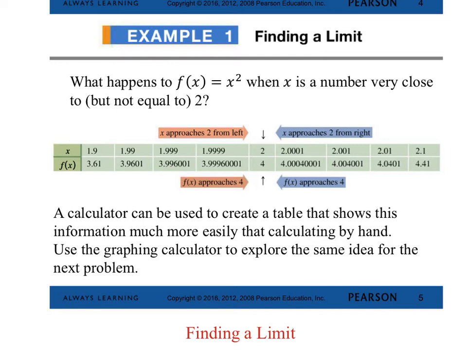So that's why we're learning how to build this table. So here's what we've learned so far. If you're trying to find a limit, one of the ways you can do it is build a table of values.